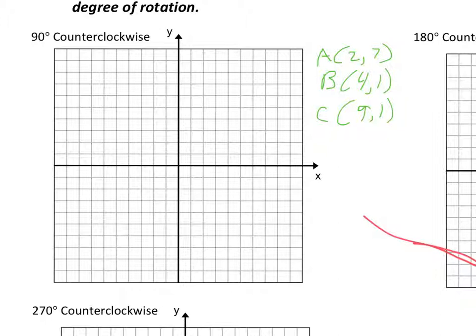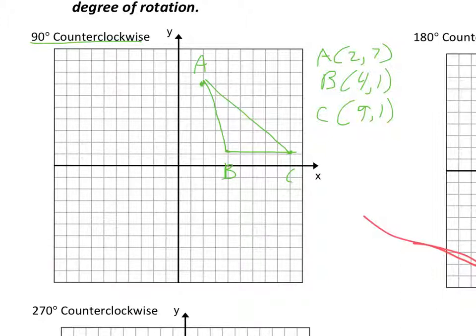Okay, so 2, 7. That's going to be A. 4, 1 is B. And 9, 1 is C. So you end up with a triangle that looks like that. Okay, and we're going to rotate it 90 degrees clockwise.